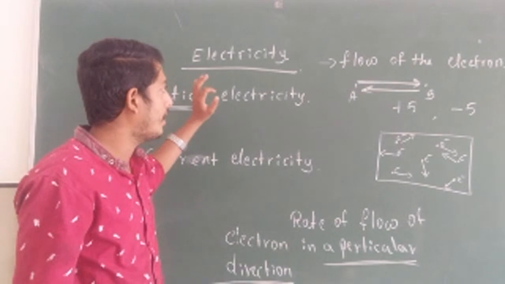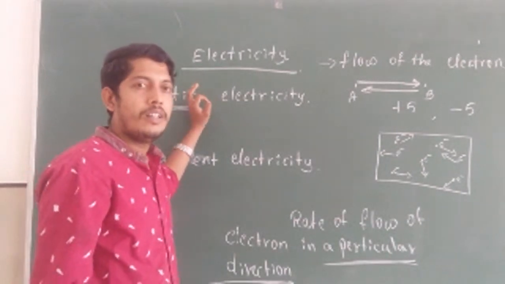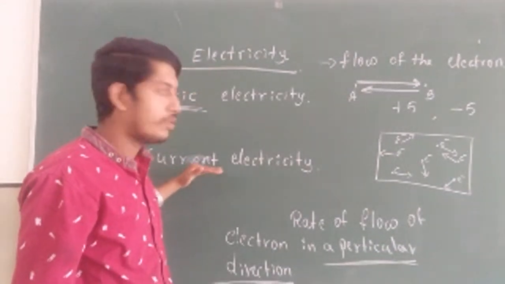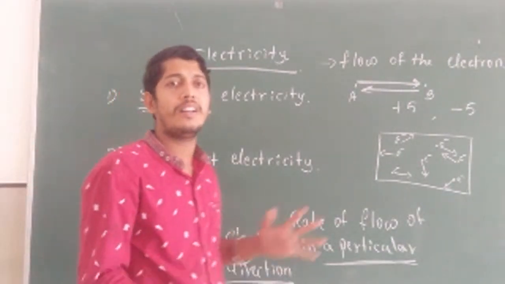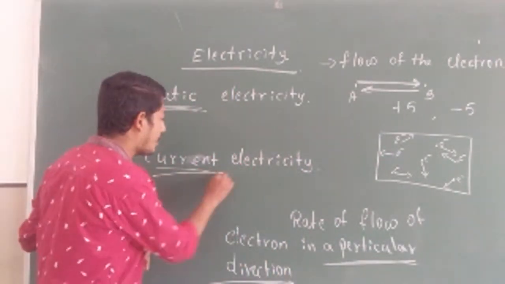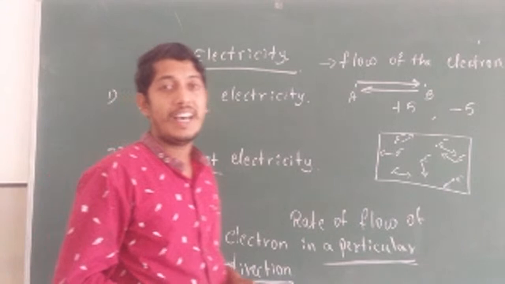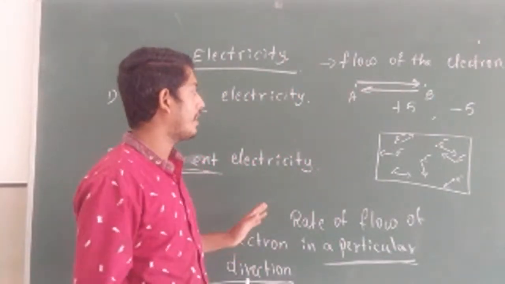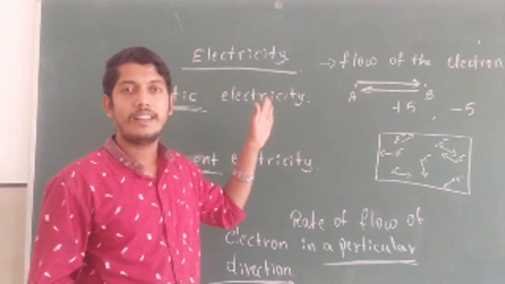The electricity produced due to static electrons. And the next one is current electricity. This is very, very important, and we are going to learn about this in this chapter. Current means when the electrons are in a moving position. When the electrons are moving, then we get current electricity.